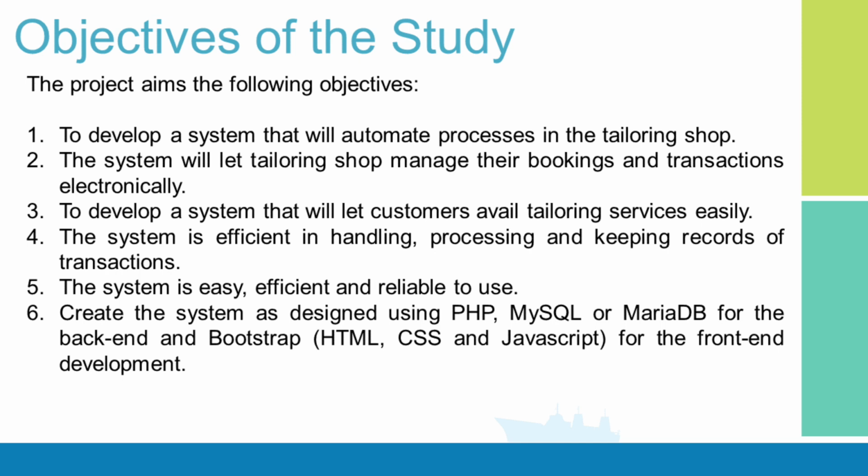The system is efficient in handling, processing and keeping records of transactions. 5. The system is easy, efficient and reliable to use. 6. Create the system as designed using PHP, MySQL or MariaDB for the backend and Bootstrap, HTML, CSS and JavaScript for the front-end development.